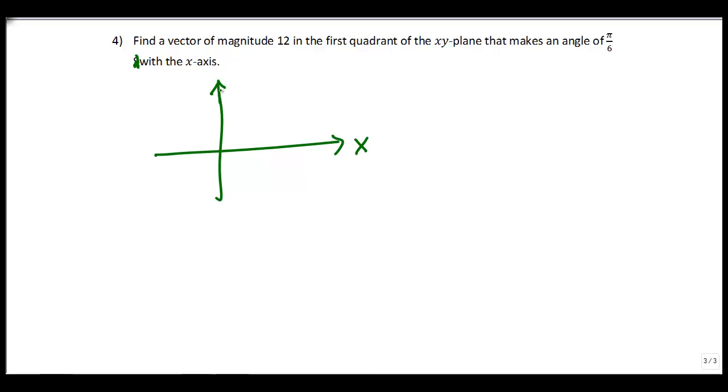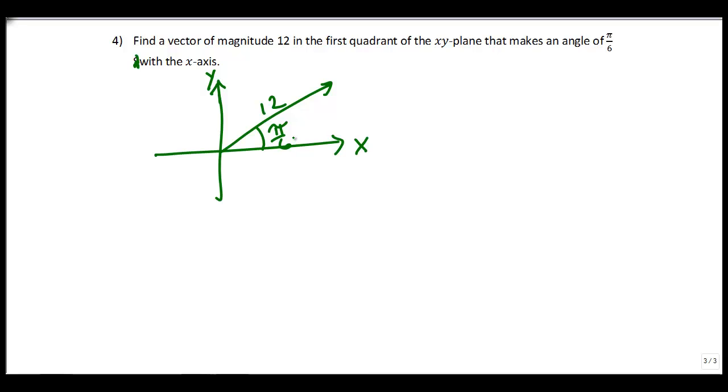Maybe there's a z coming out of this. We can make that component of the vector 0. I'm just going to do 2 components here. And what I want is a vector out here where this length is 12 and then this angle is pi over 6.